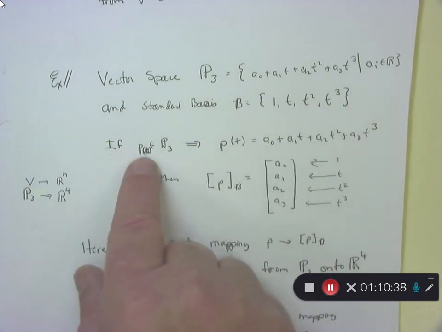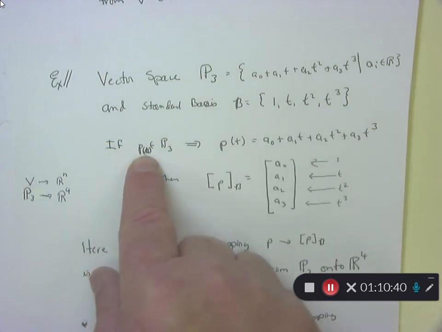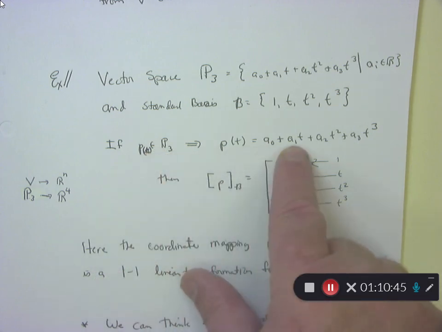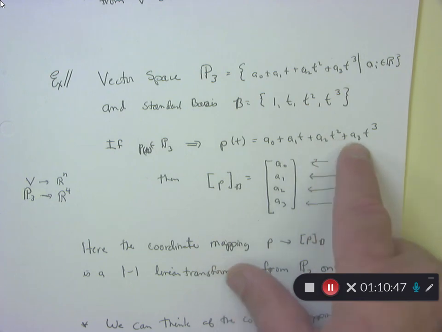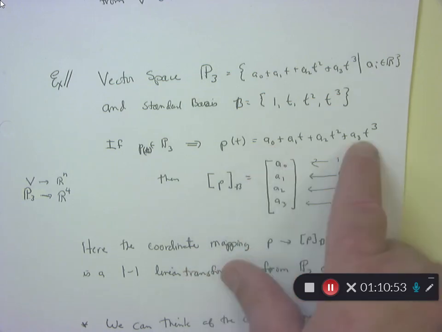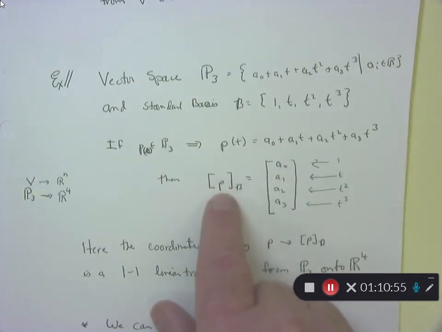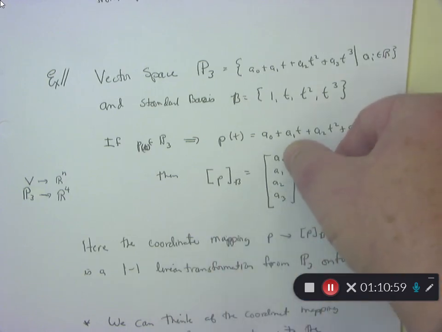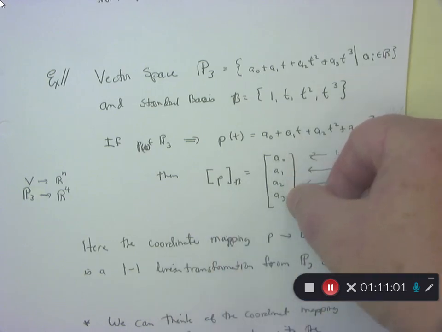So if p of t is an element of P3, then p of t is going to be a0 plus a1 t plus a2 t squared plus a3 t cubed, okay? I started with a0, so there's actually 4 of these guys in there. So p relative to basis B would be this: a0, a1, a2, a3.